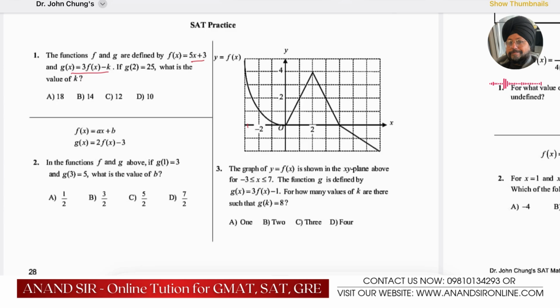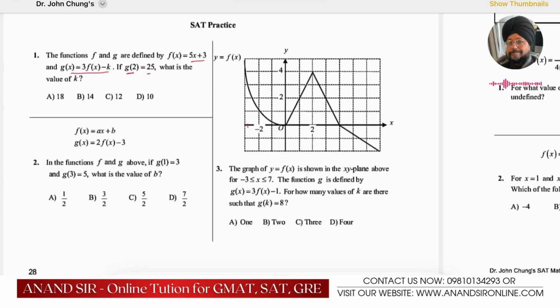If g(2) = 25, what is the value of k? Now, dear students, at this point you just pause my video, try to do this question yourself, and if you are unable to do it, then you can see my solutions. Or if you have done it, then you can check my solutions and verify whether you have done it correctly or not.